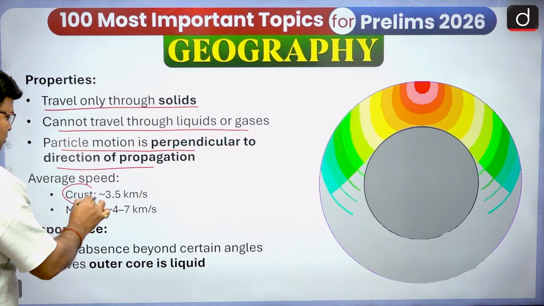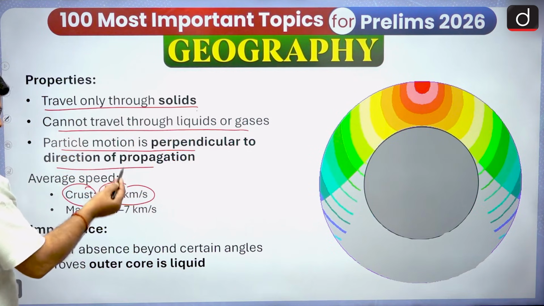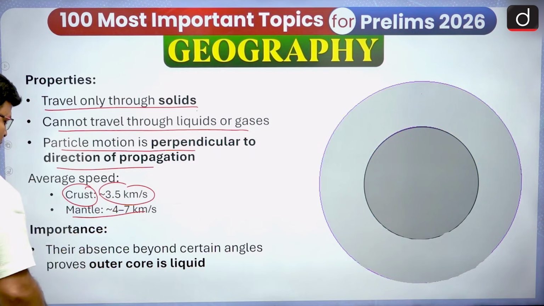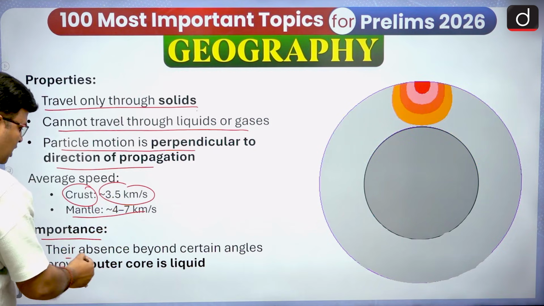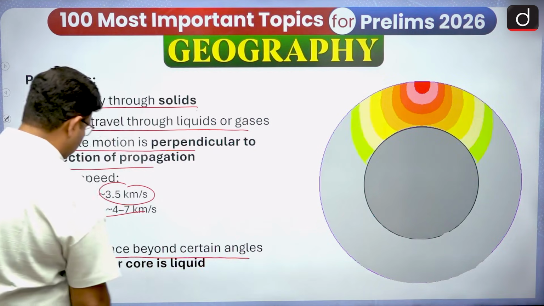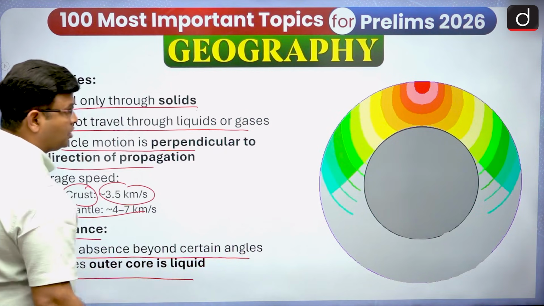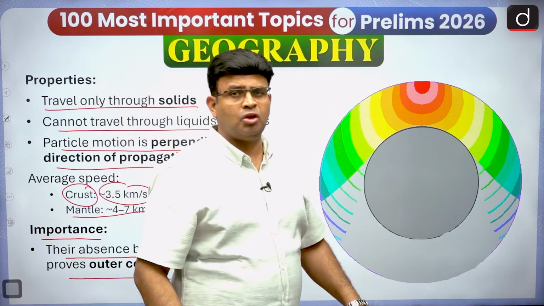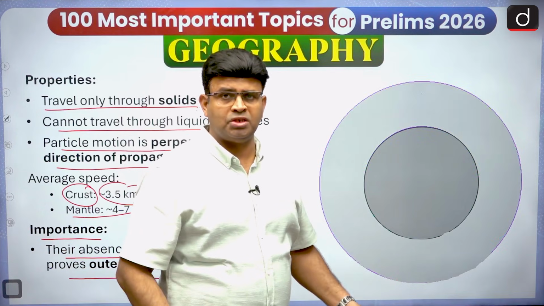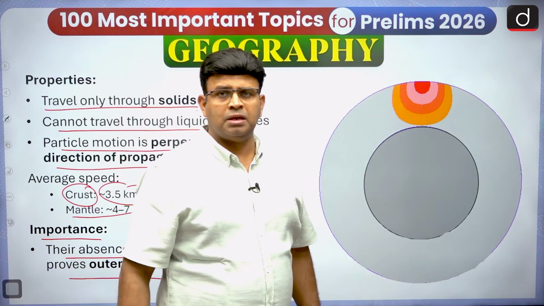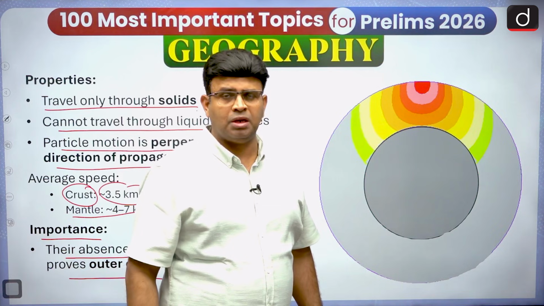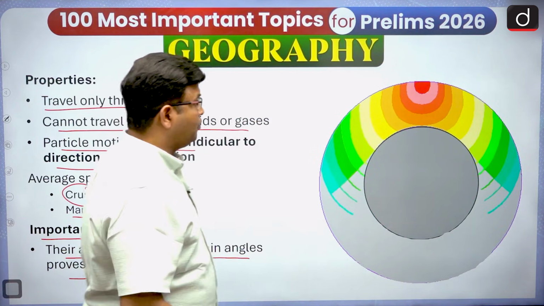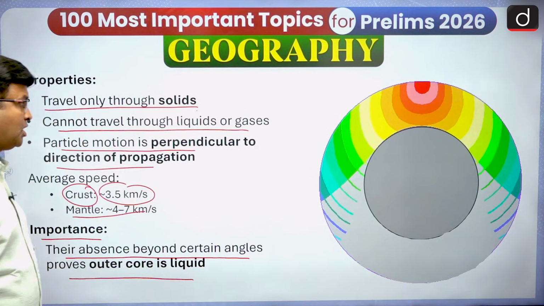Its speed in the crust is about 3.5 and in the mantle 4 to 7 kilometer per second. Importance: their absence beyond certain angles proves the outer core is liquid. After 2900 kilometer it disappears, which shows that below there is liquid. So this way we have seen P waves and S waves.